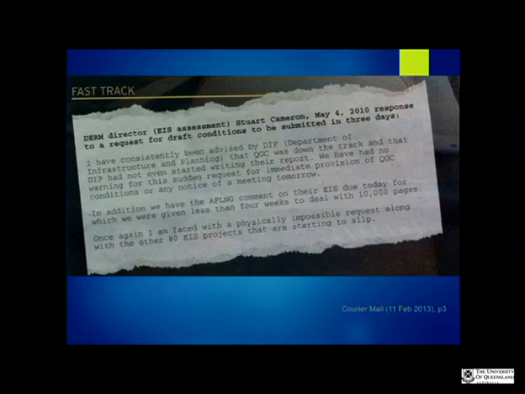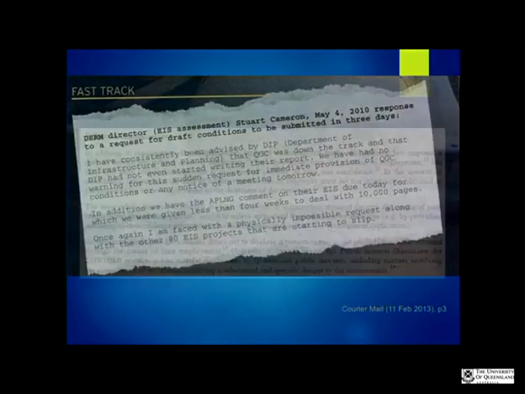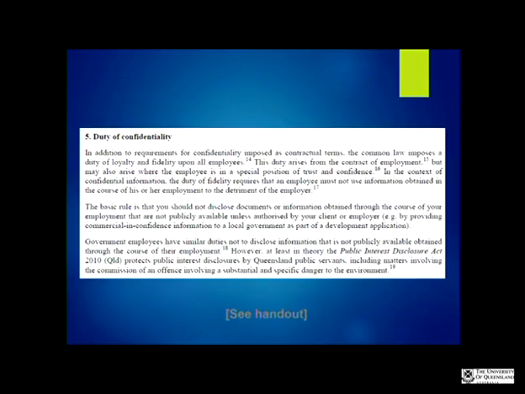We talked about this when we did the coal seam gas lectures, about how the scale of these projects was unprecedented. And so the combination of the two things meant that we were having decisions here that were questionable. Now, what is the duty of confidentiality?